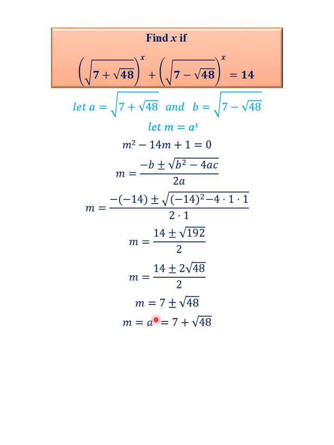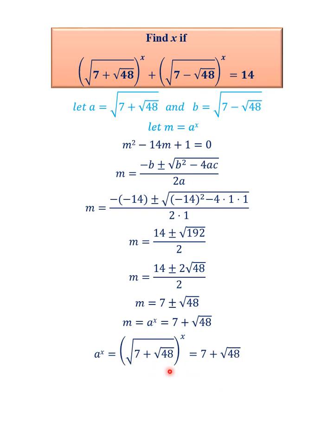What is a to the power of x? If a is this whole expression, then a to the power of x will be this expression, right? So that means a to the power of x will be the first expression in the question, and it's also equal to this, because a to the power of x is m, and m is this. So we now have this simpler equation.